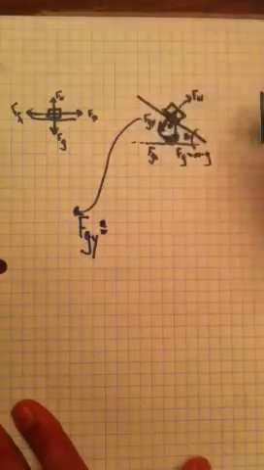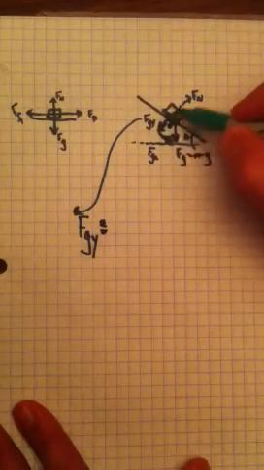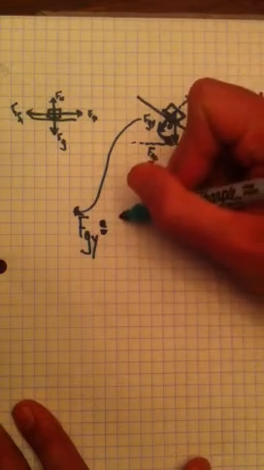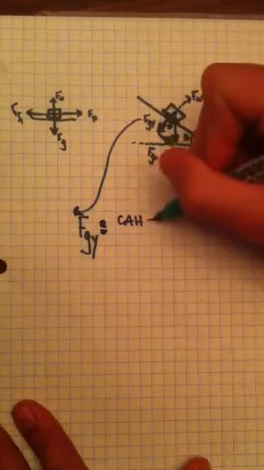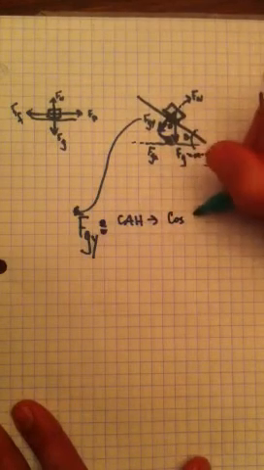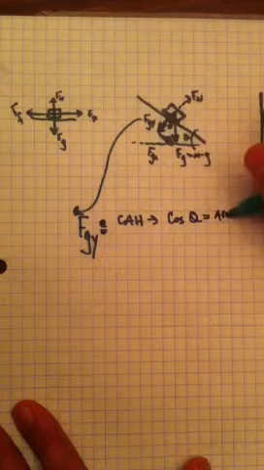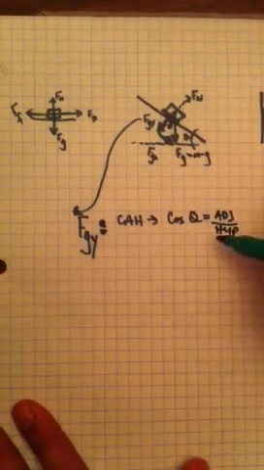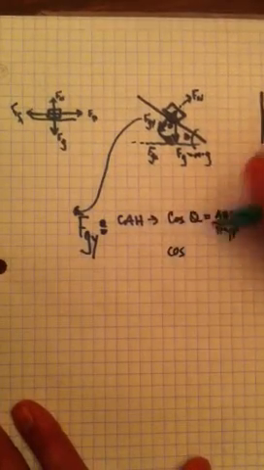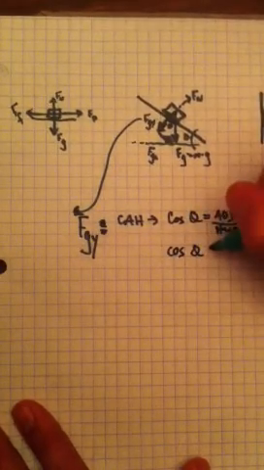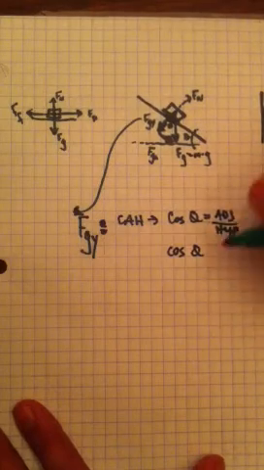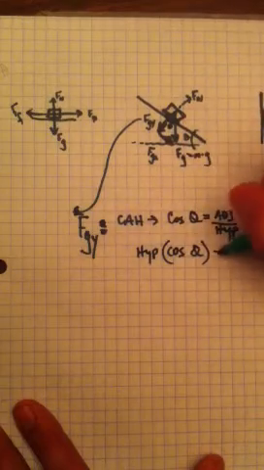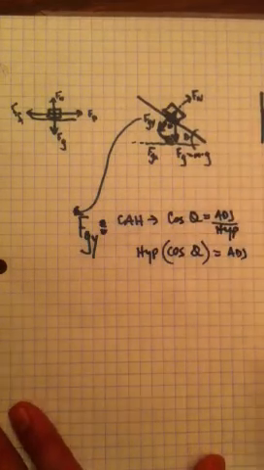since we're looking for the adjacent to the angle, and we have the angle and the hypotenuse, we're going to use C, right? Cosine theta is adjacent over hypotenuse. And now we can plug our numbers in. Cosine theta, whatever theta is, times the hypotenuse is going to give us the adjacent.